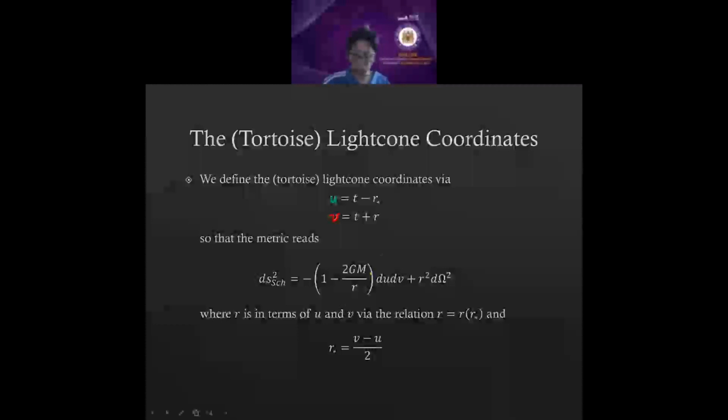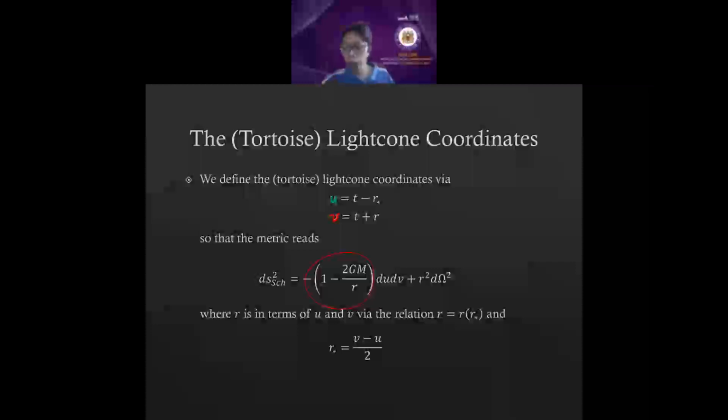It doesn't really solve anything yet, because as r approaches 2GM, this term would vanish. So when this term vanishes, that means the metric cannot be inverted at that 2GM point. And one of the criteria of a good coordinate system is that the metric can be inverted. So from a technical point of view, this is not quite a good coordinate system yet.